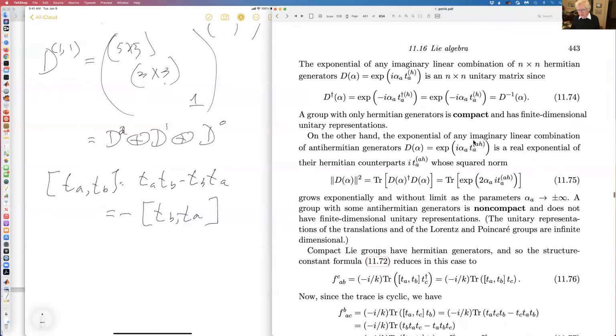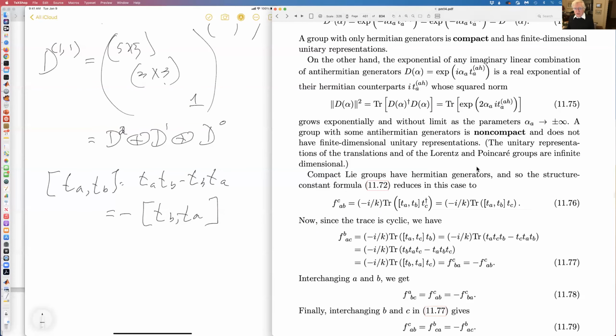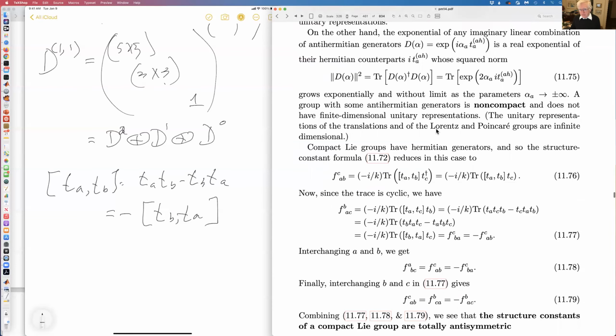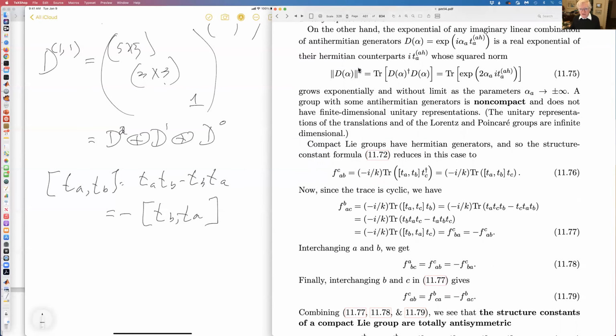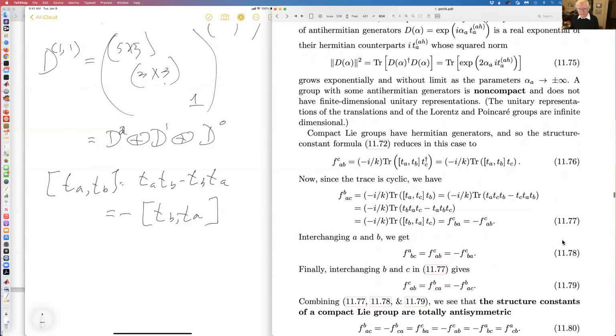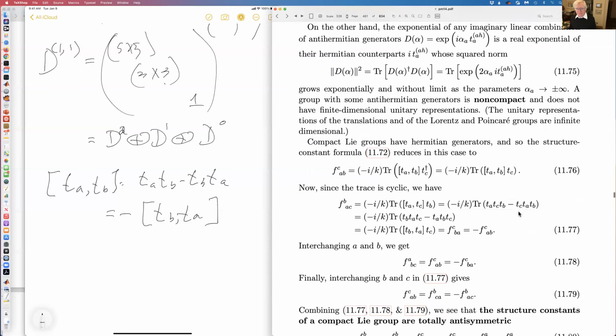On the other hand, the exponential of an imaginary linear combination of anti-Hermitian generators is a real exponential, and the squared norm can grow or shrink without limit as the parameters go to infinity. So these are the non-compact finite dimensional representations of the non-compact groups.